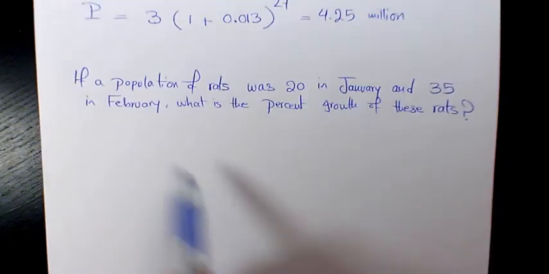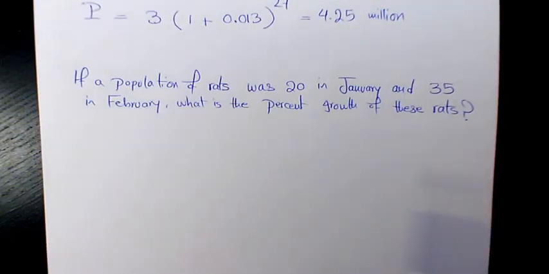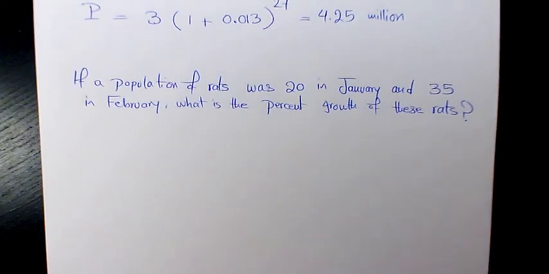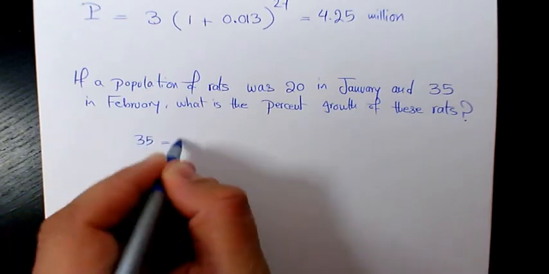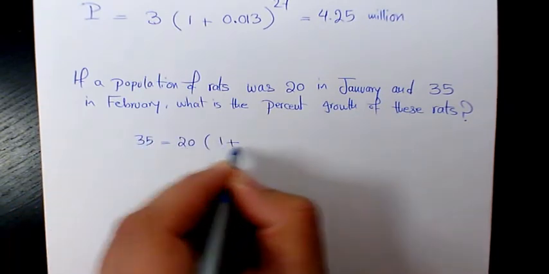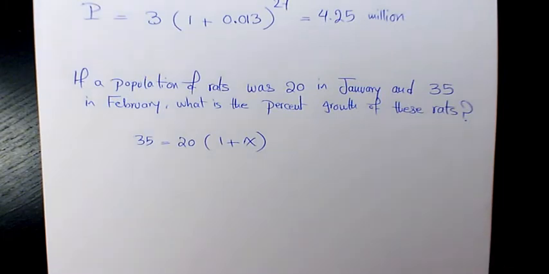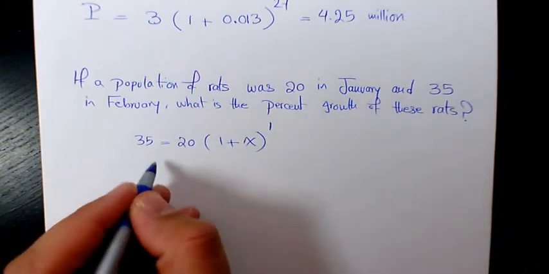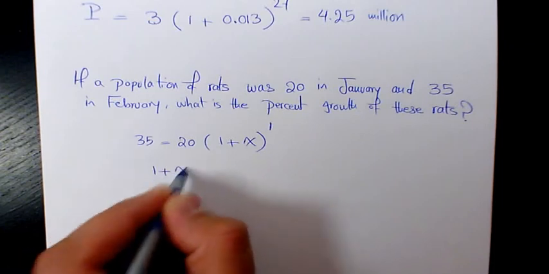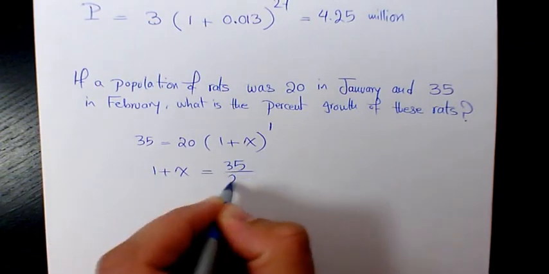So now this example, it says if a population of rats was 20 in January and 35 in February, what's the percent growth of these rats? So we're going to say 35 equals 20 times 1 plus X to the power of, if we consider monthly, January to February is going to be 1. So we have 1 plus X to be 35 divided by 20.